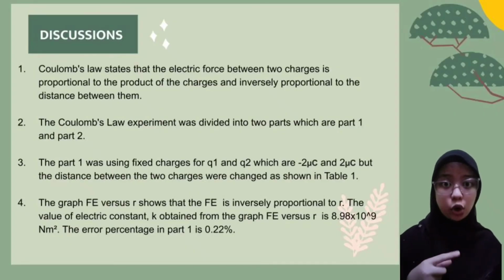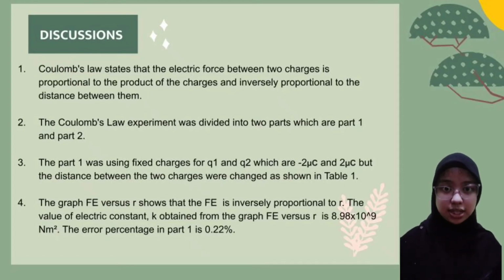Discussion. First, Coulomb's law states that the electric force between two charges is proportional to the product of the charges and inversely proportional to the distance between them. Second, this Coulomb's law experiment was divided into 2 parts, which are part 1 and part 2.